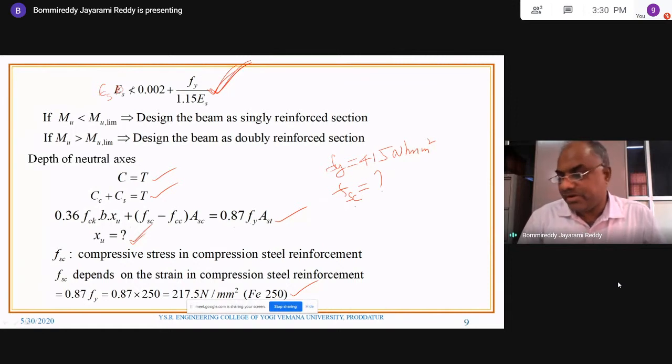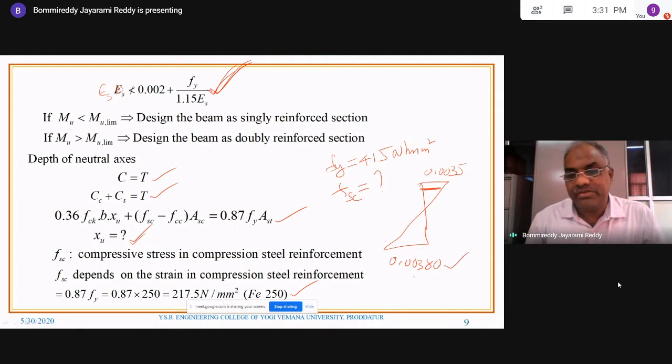But in case of compression steel, we do not know the maximum strain value, because in this strain diagram, the top surface is 0.0035, and at this point it is less than 0.0035. But for example, for fy 415, what is the strain here? Strain here will be 0.00380. In the last class, we learned how to compute the strain values.